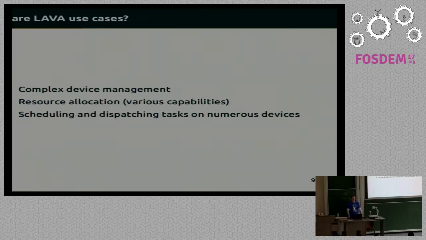Also, you don't have to worry about scheduling and dispatching multiple tasks on numerous devices. So if you would like to parallelize all of your tests and get your results quicker, that's what Lava can provide you.